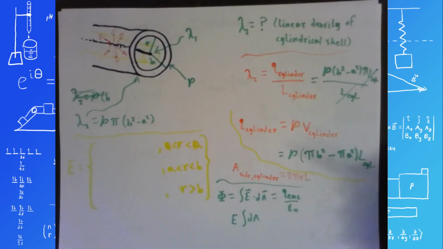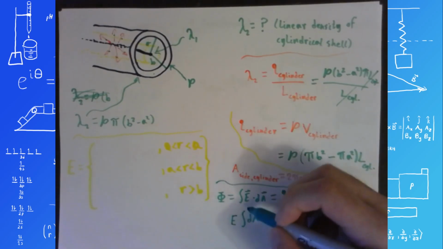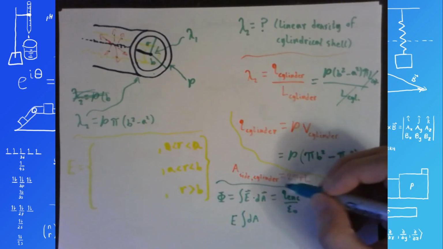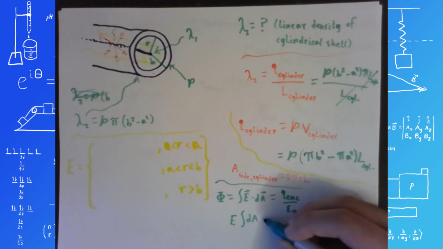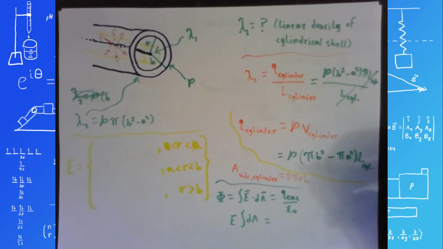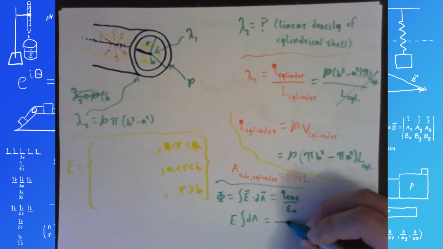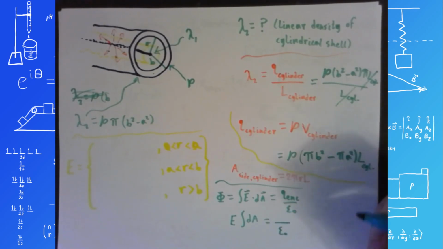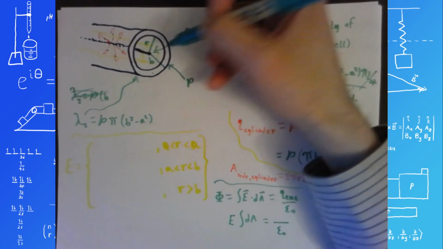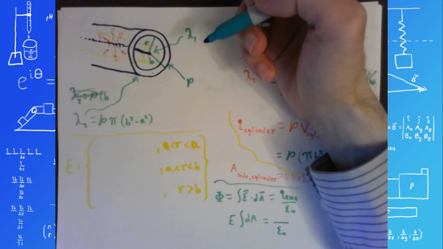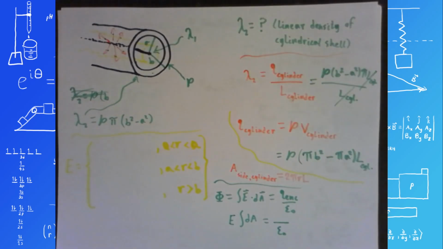So then that magnitude is constant and can be factored out. The integral of dA is just going to give us the side surface area of the cylinder, which is the 2 pi r L from earlier. And for the charge enclosed, I'm going to have to find an expression for that over epsilon naught. Okay, what is our charge enclosed when we have a Gaussian cylinder wrapped around an infinite line of charge whose density is lambda 1?